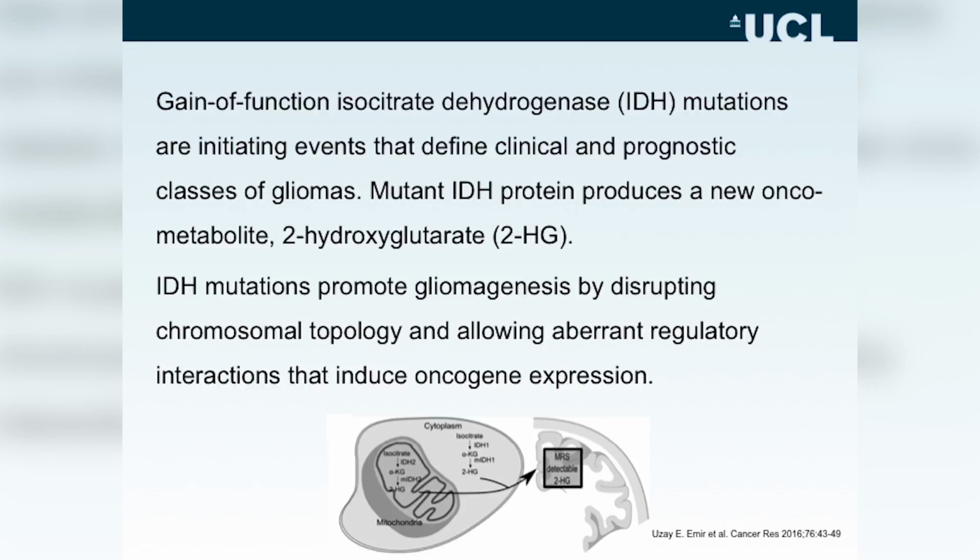The IDH mutation leads to the accumulation of the oncometabolite 2-HG, 2-hydroxyglutarate, which decreases the survival rate of the patient and the response rate to the standard therapy, which is chemoradiation accompanied by surgery.